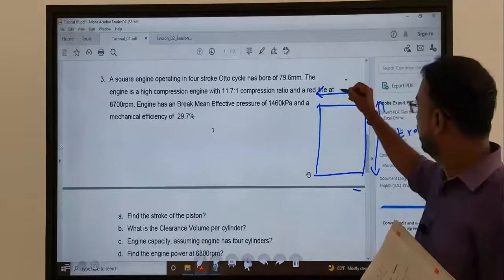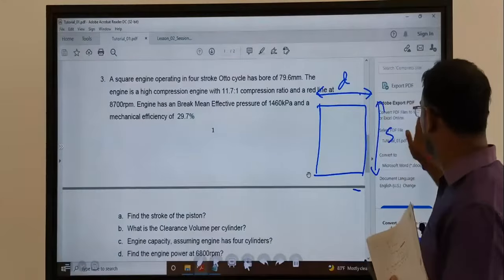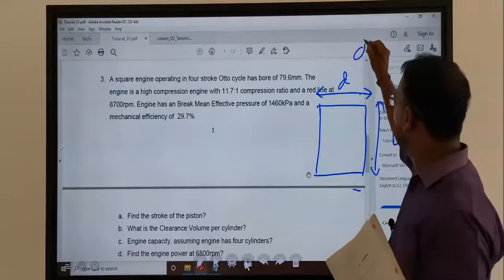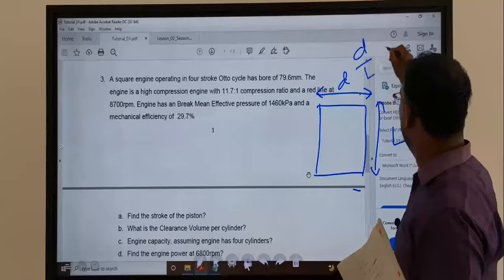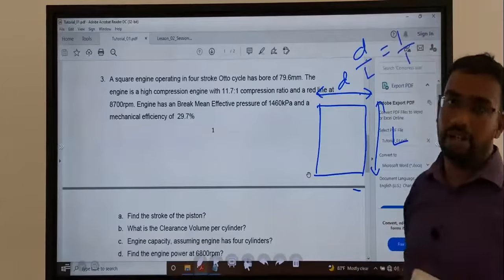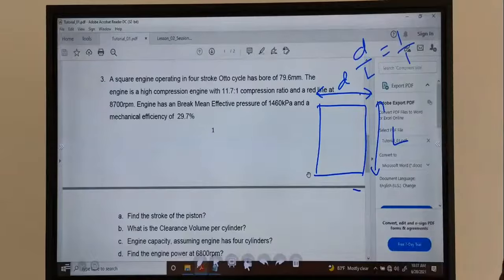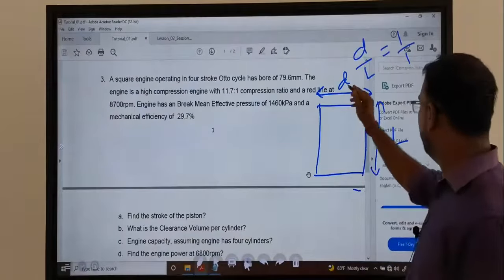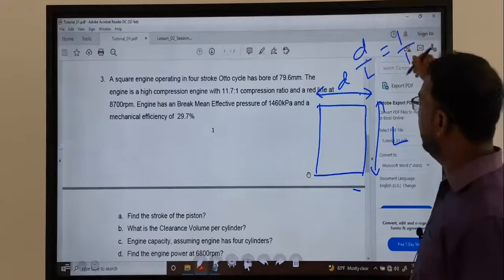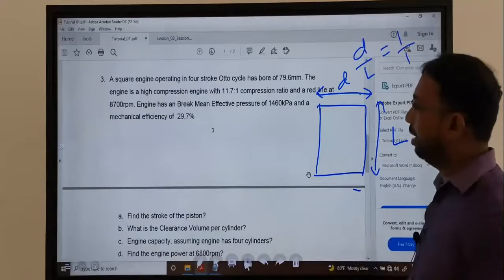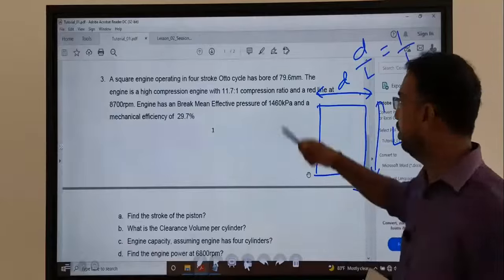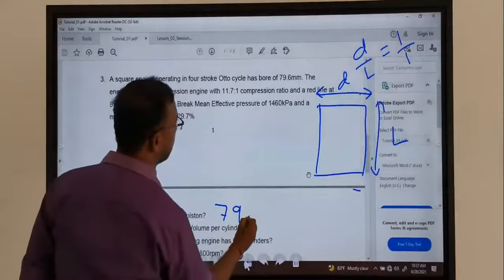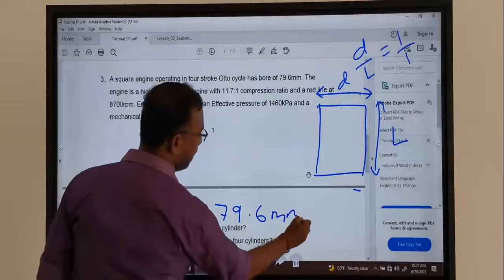D is the bore, L is the stroke. D to L equals 1:1. Before we used 1.2 in the last question. Here a square engine means the bore to stroke ratio is 1:1. So the stroke of the piston is also 79.6 millimeter.